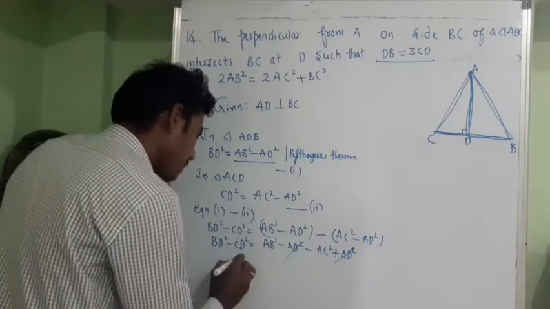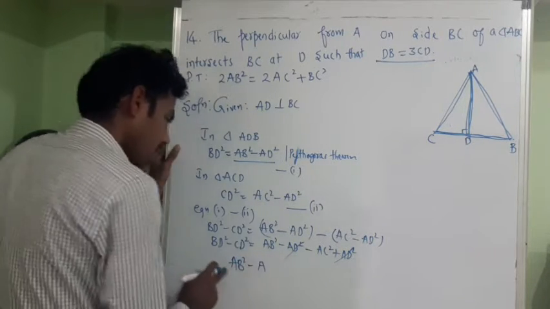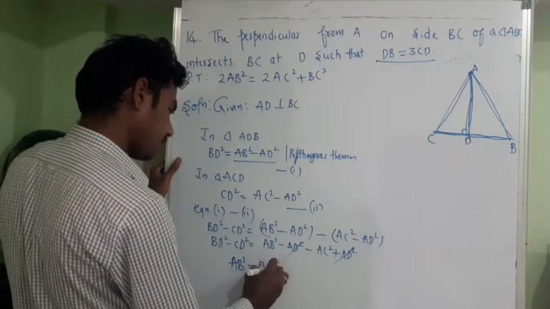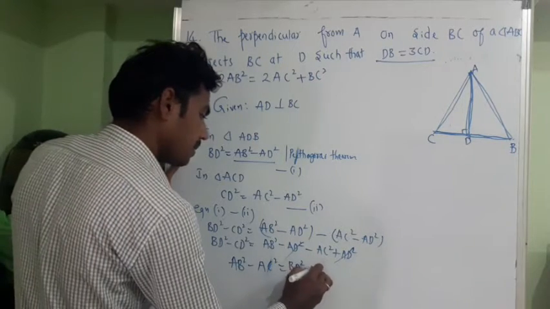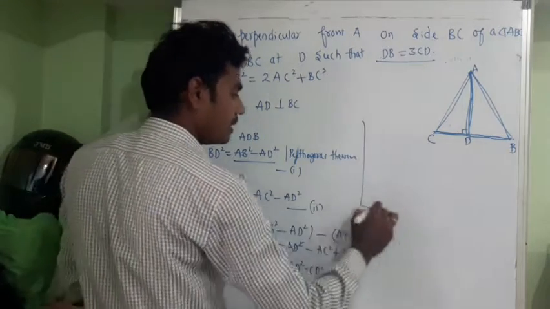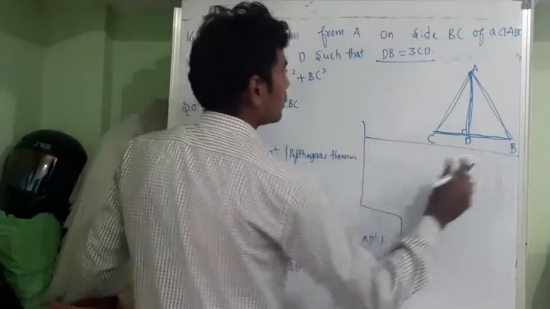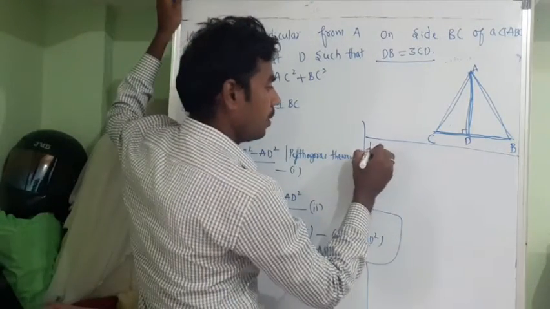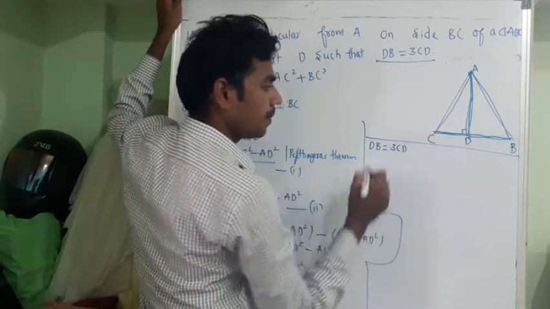So I can write it as AB square minus AC square is equal to BD square minus CD square. We have one relation which is given to us. What is that relation? DB is equal to 3 times CD.